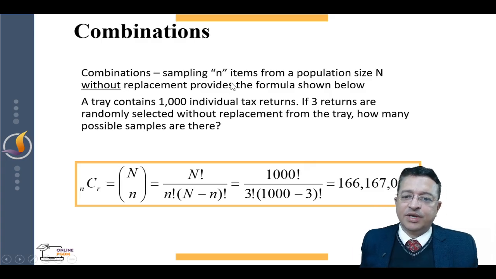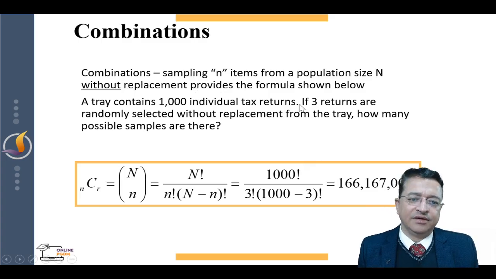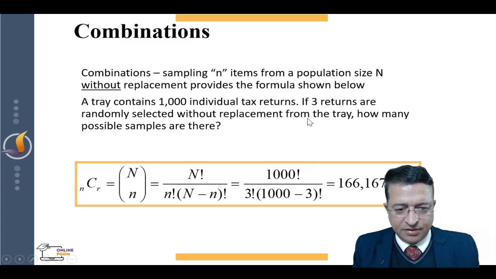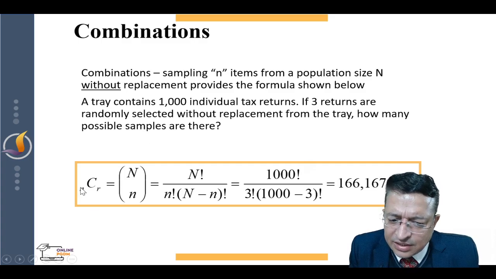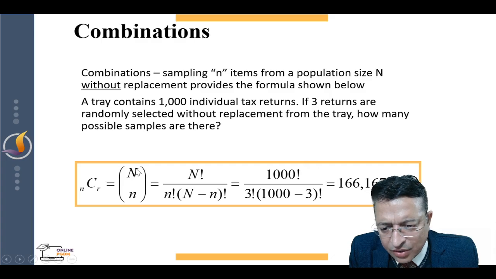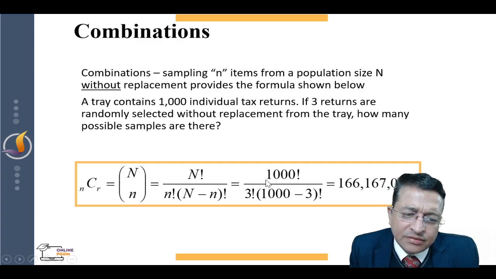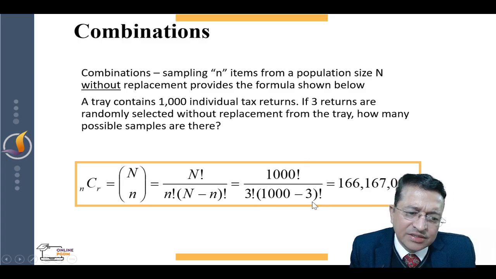In case of combination, for example, a tray contains 1000 individual tax returns. If 3 returns are randomly selected without replacement from the tray, how many possible samples are there? In this case, your N is 1000 and small n, or if you are writing NCr, that r is 3. So NCr is 1000 factorial over 3 factorial times (1000 minus 3) factorial.